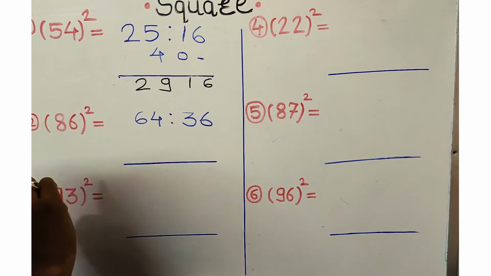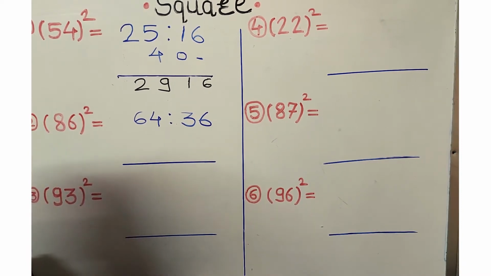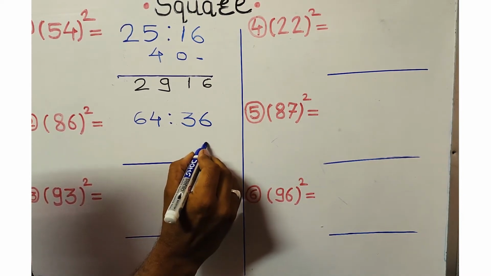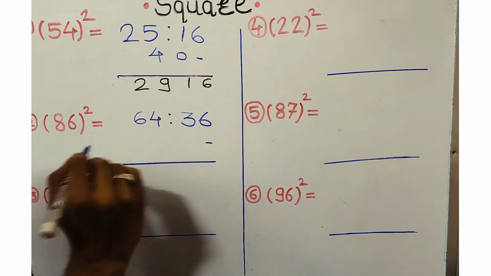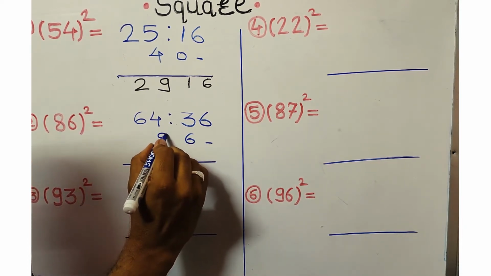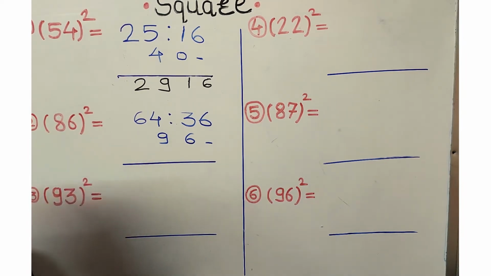8 sixes are 48. Twice of 48 is 96. Write 96 in such a manner that the unit place must be vacant. So we write 96 in this manner.